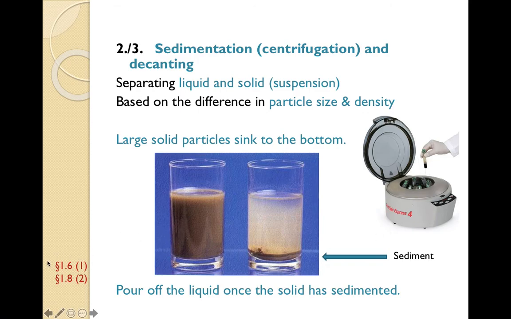By the way, here on the left, you see the unit number. The number in brackets is the addition. So this method is explained in unit 1.6 in addition 1 and 1.8 in addition 2.